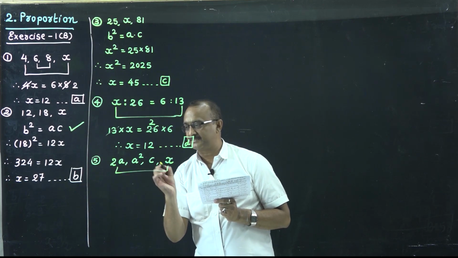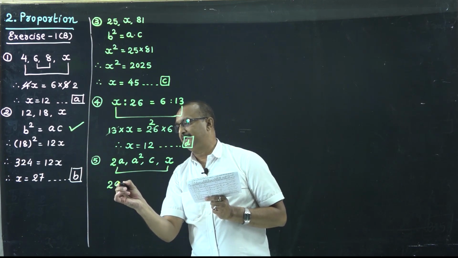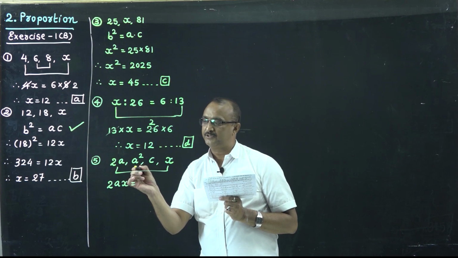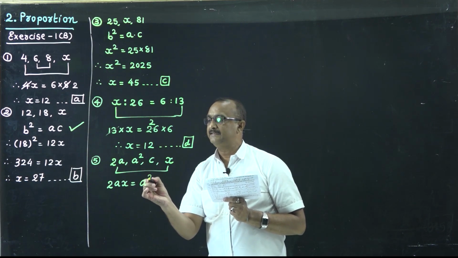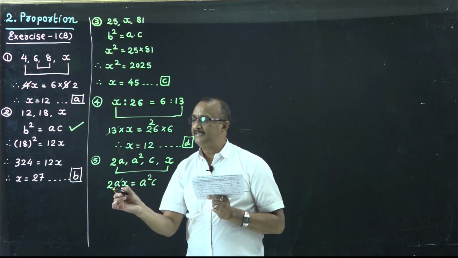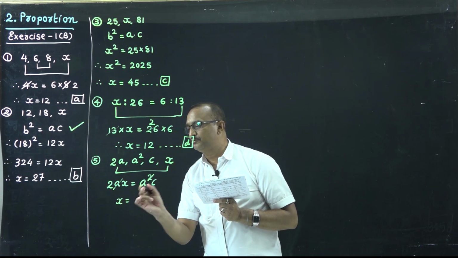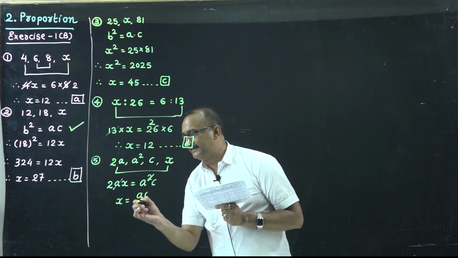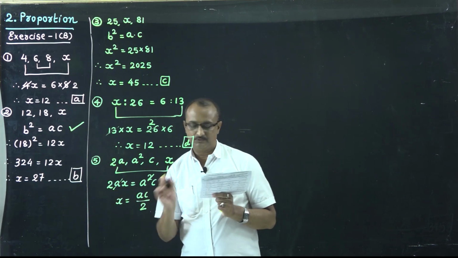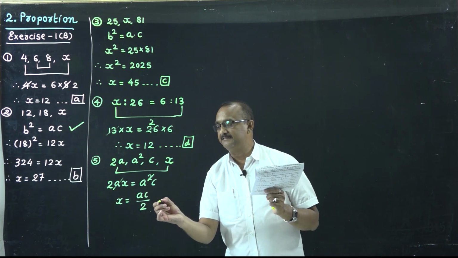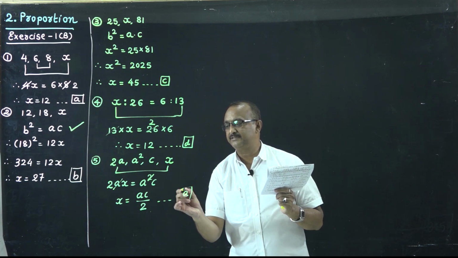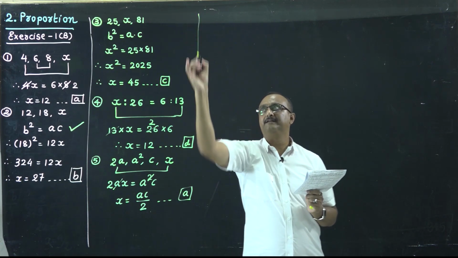Product of extremes. 2ax is equal to product of means, a square c. So a cancels and x is equal to what? ac divided by 2. Okay, and it is given in option A. So option A is our correct answer.